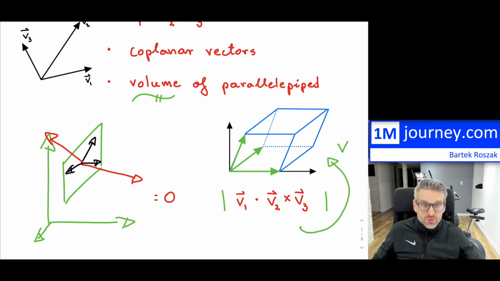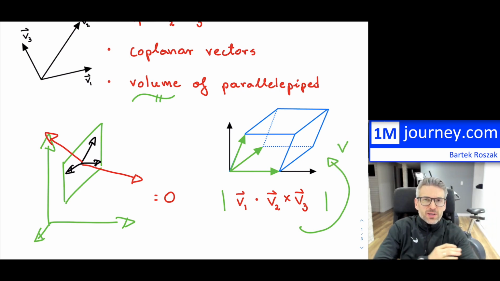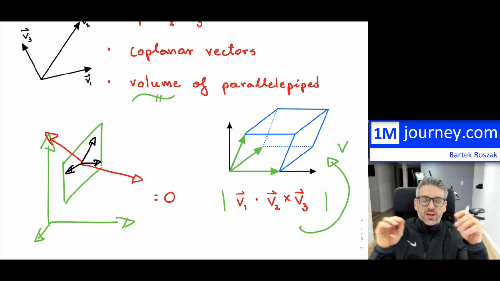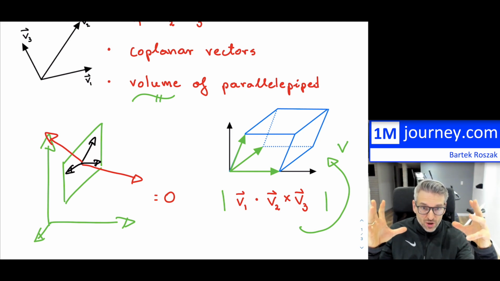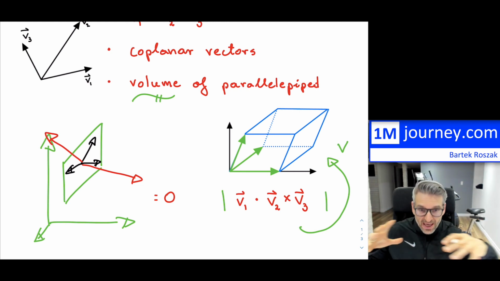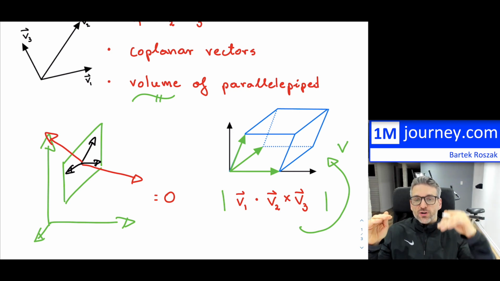Now, you can do the convincing on your own, but it probably shouldn't surprise you at all because of the fact that for the volume of a parallelepiped, you can even think of a prism, right? If you're thinking of a prism, the volume is base times height. Well, a parallelepiped is also the base area times your height.